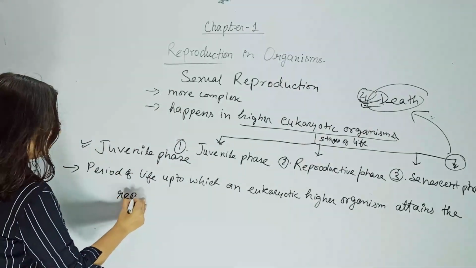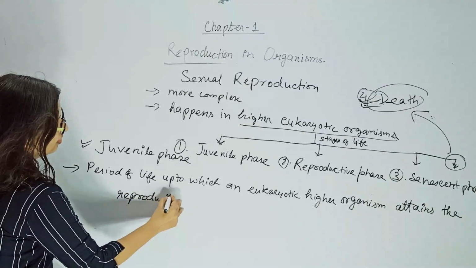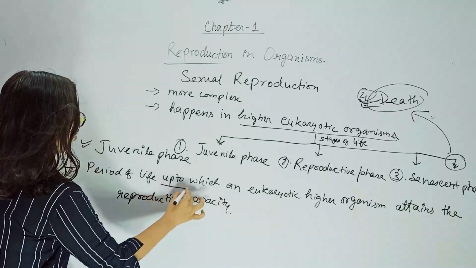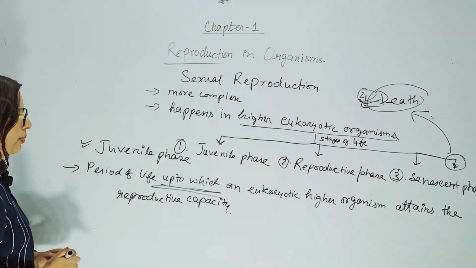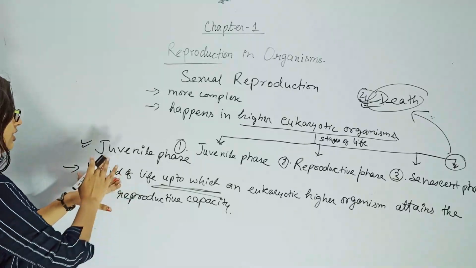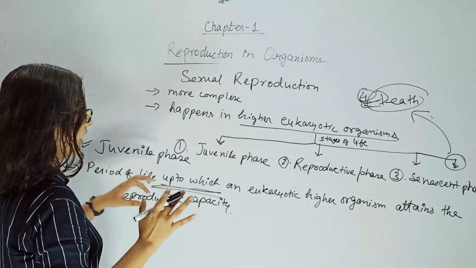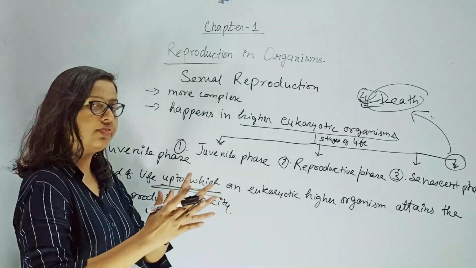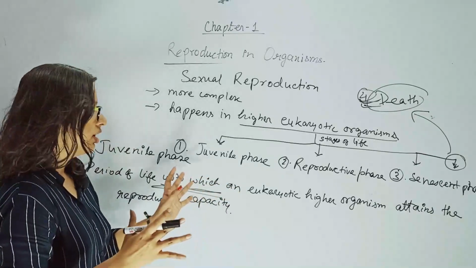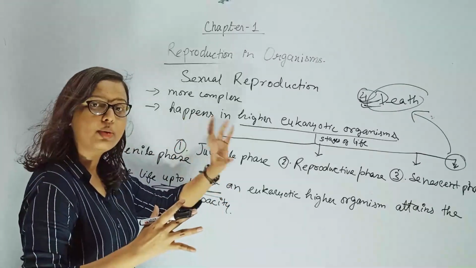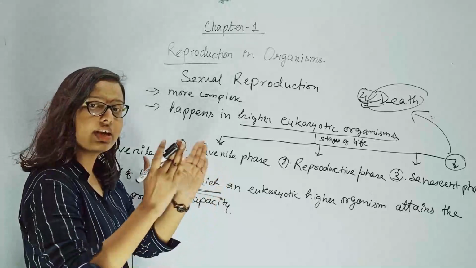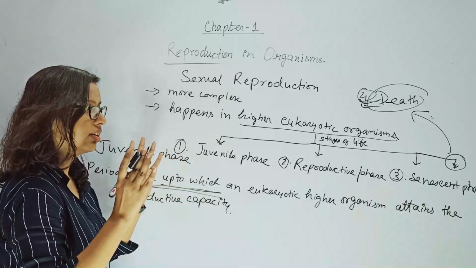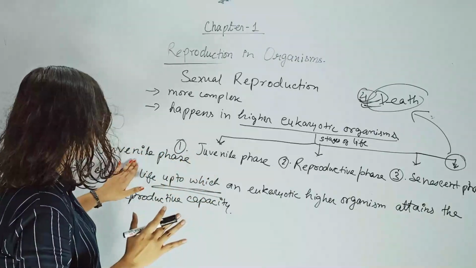In the initial phases, the higher eukaryotic organisms are not prepared to undergo reproduction. So the initial phase, the beginning of the life, when the organism is not reproductively active, that particular phase of life in the complete lifespan of a particular organism is termed to be the juvenile phase.